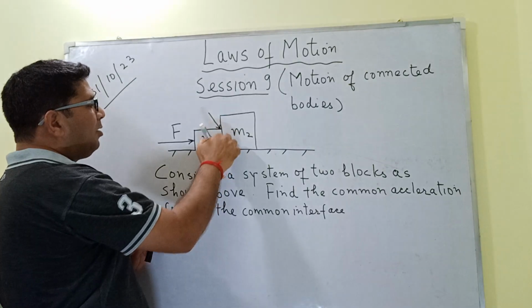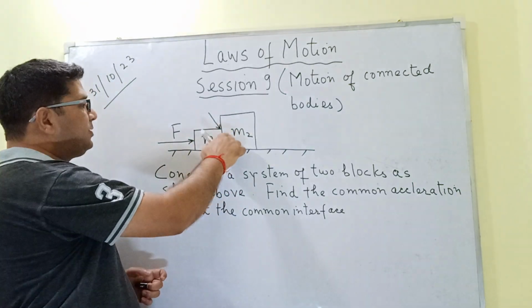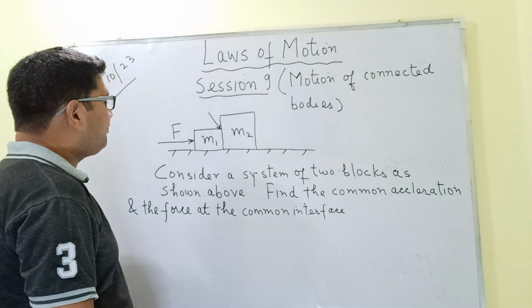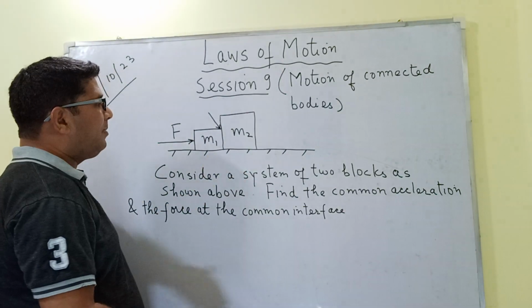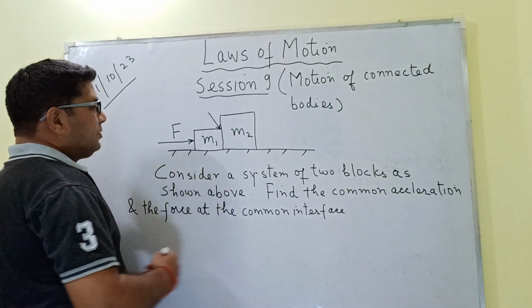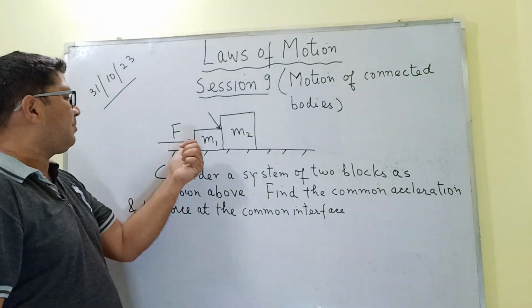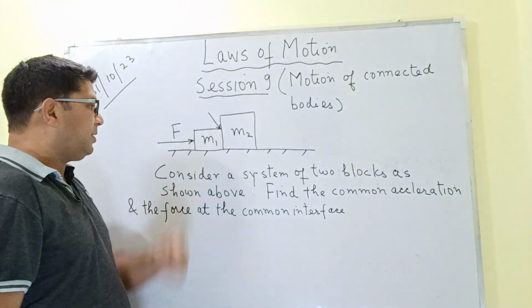Or you can say the common contact area of the block having a mass m1 and this block having a mass m2. So this is a system of two blocks, and a force F is applied on the block having a mass m1.